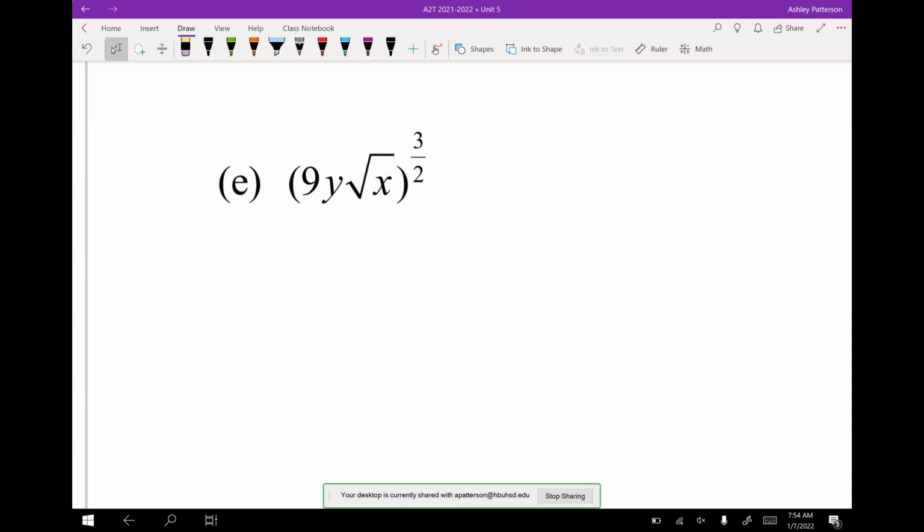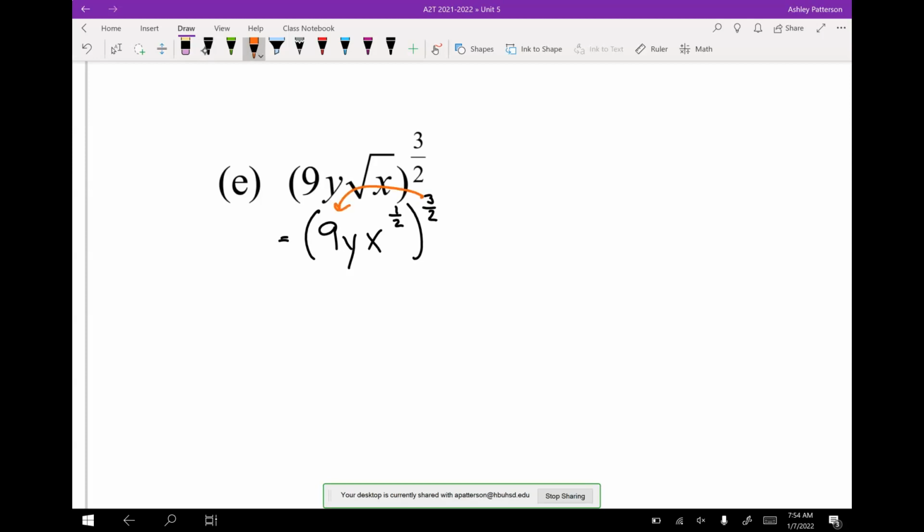Well, the x isn't a radical. My exponent is a rational exponent. I would like to have it all in the same format. So I'm going to rewrite the square root of x with a rational exponent. What is that? X to the what power? 1/2. Good. And then it's raised to the 3/2 power.